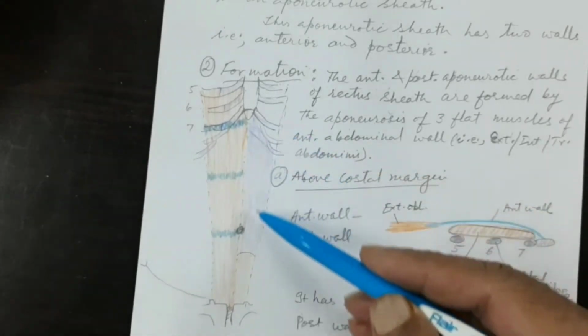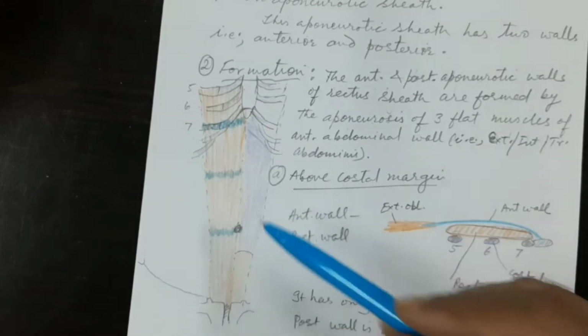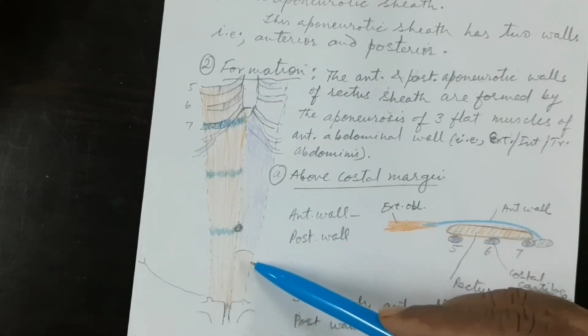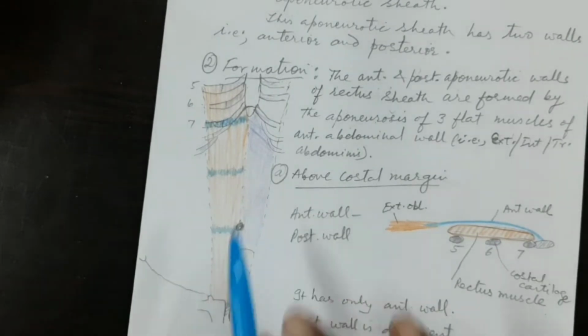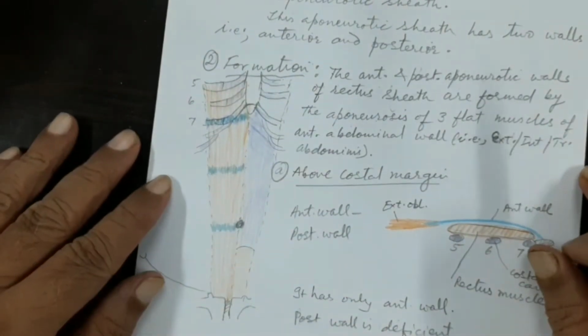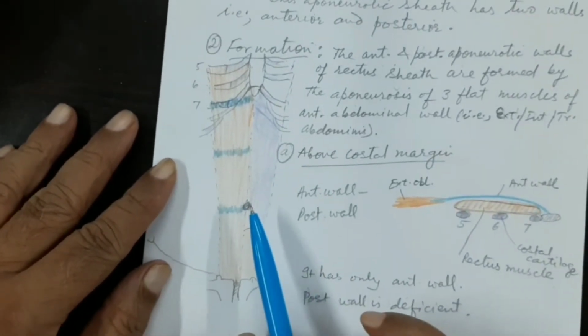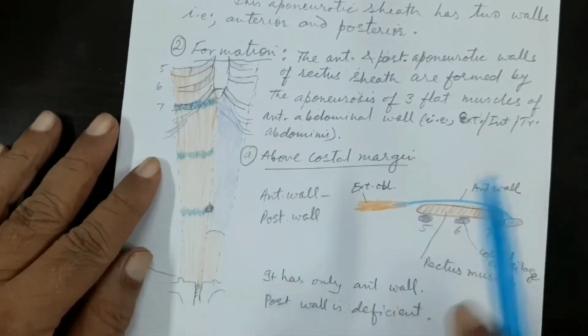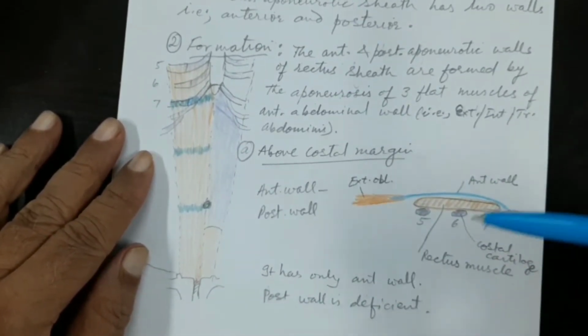The posterior wall is shown here in violet color, and this is the arcuate line where the rectus sheath ends. We will come back to this diagram when I show you the posterior wall, but just understand this diagram.